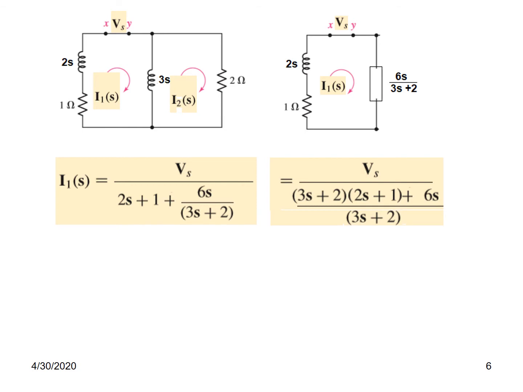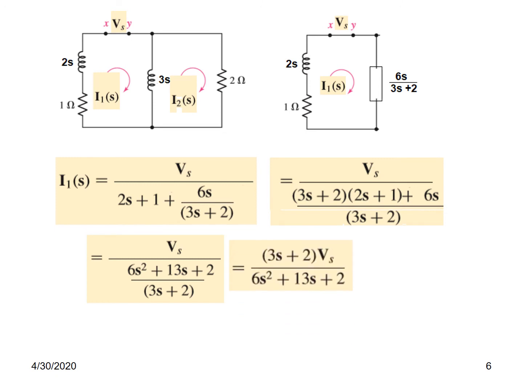And this can be simplified by taking the LCM. Further simplification. And so this is the final shape of I1(s).